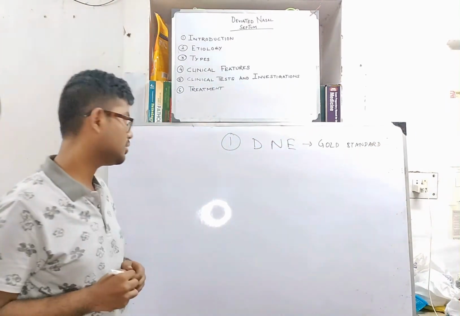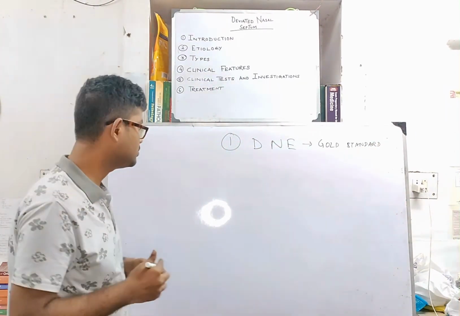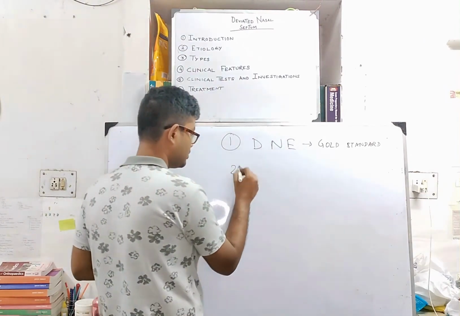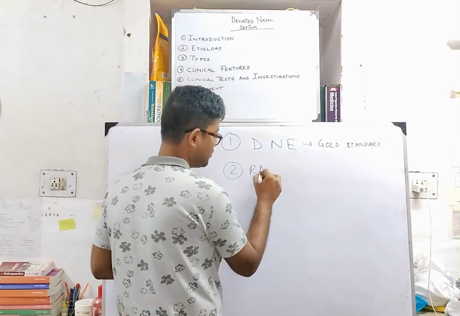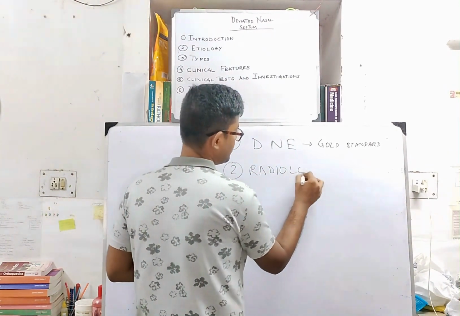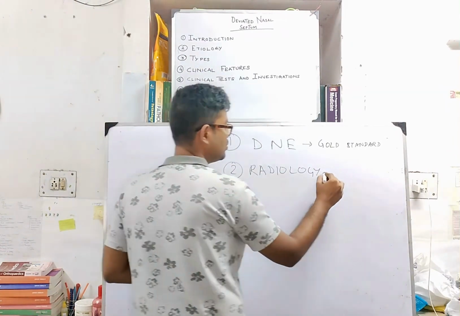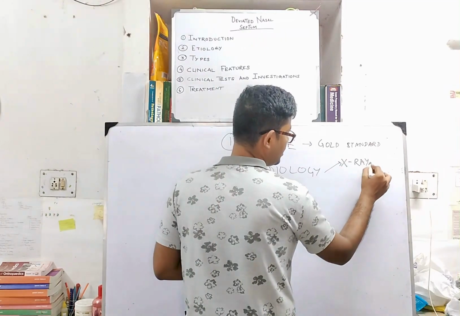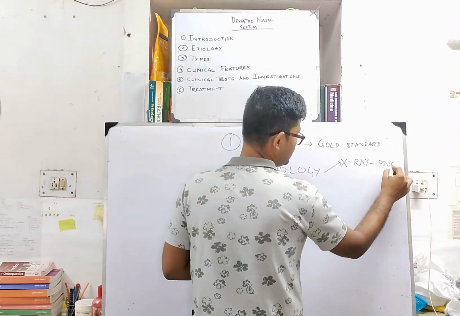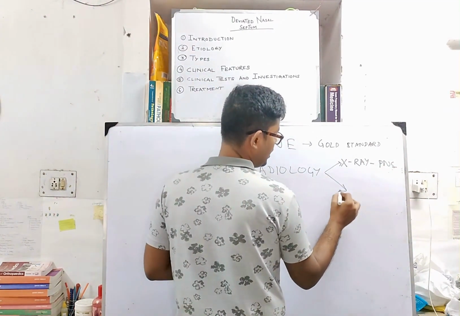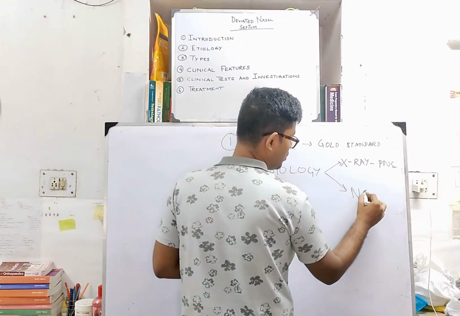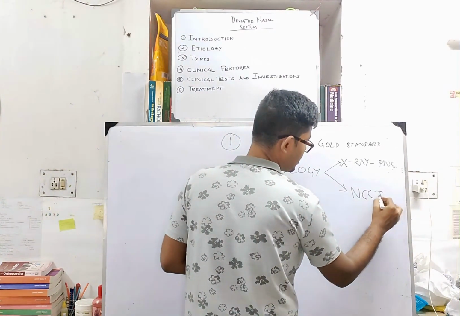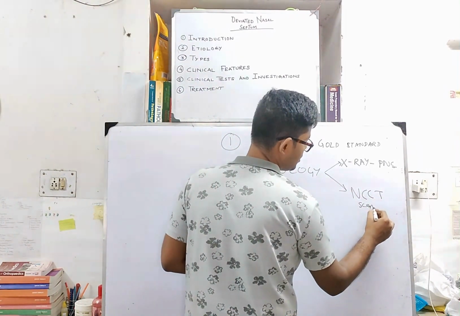Now what are the other tests that you can perform? That is radiological tests. We can perform an X-ray, although that has a very low value in the current setting. X-ray of the PNS, and more importantly a non-contrast CT scan of the PNS.